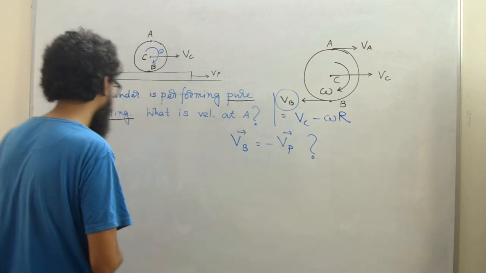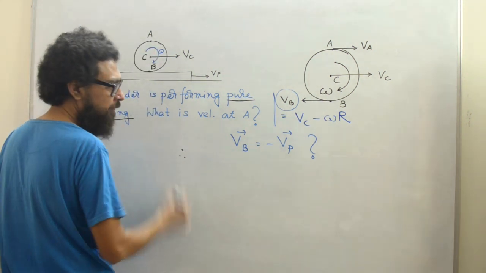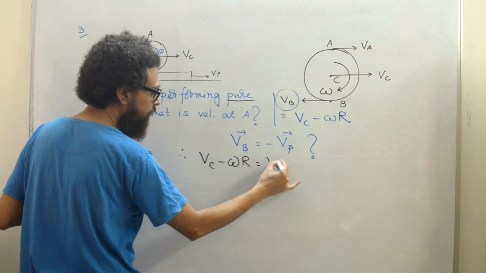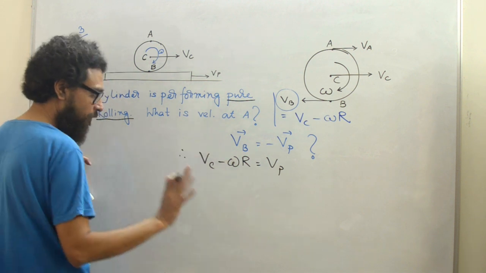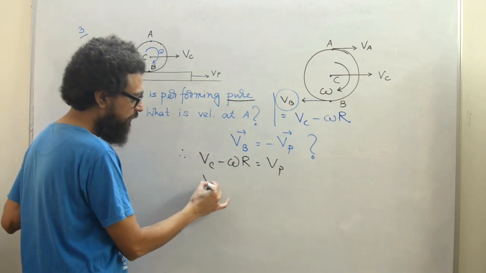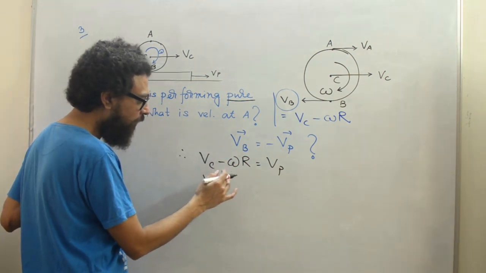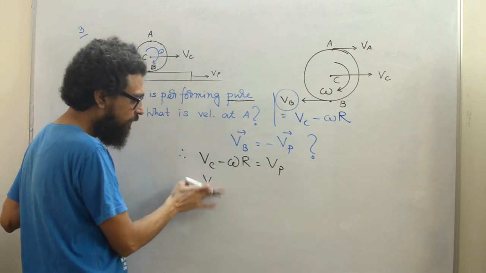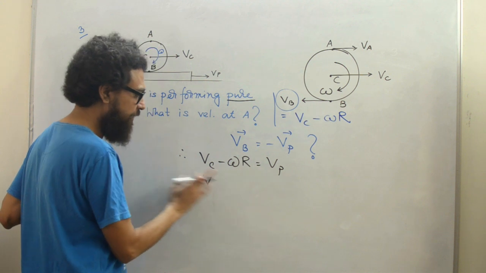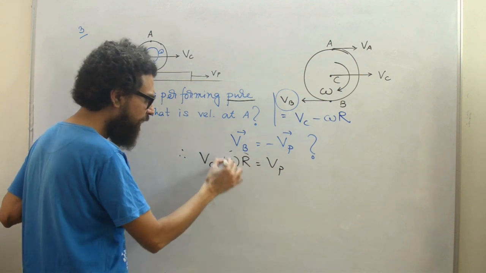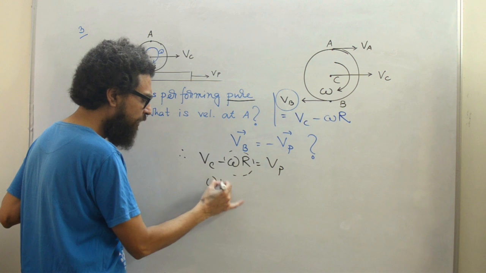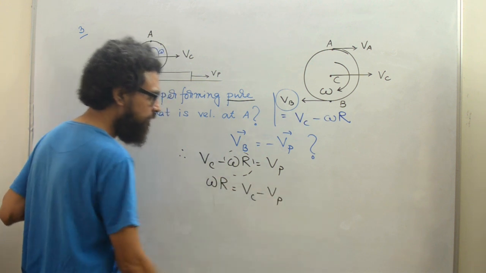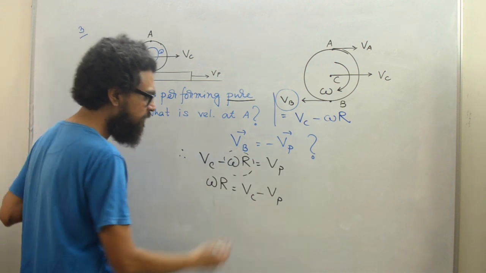So now we are going to say the simple thing. Vc minus omega r is equal to Vp, in magnitude. Okay, so this is the relation. Now, we do not have any other relation, so we can write this as equal to Vc minus Vp.